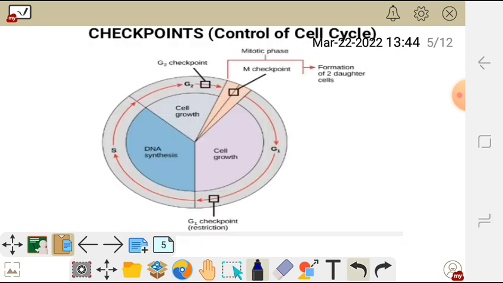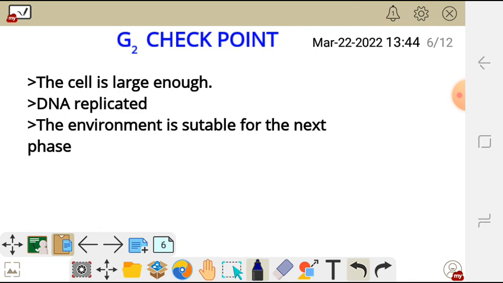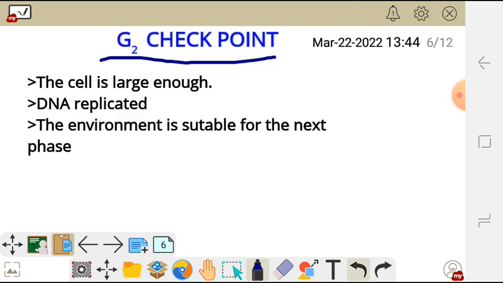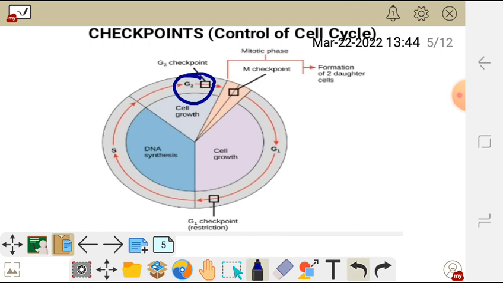Then from there, we have the G2 checkpoint. The G2 checkpoint, which is here near the mitotic phase, checks whether the DNA has replicated. Remember, under the S phase here, the DNA is replicated.